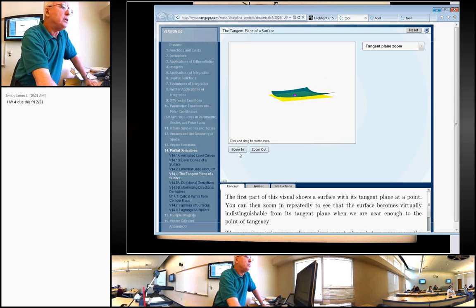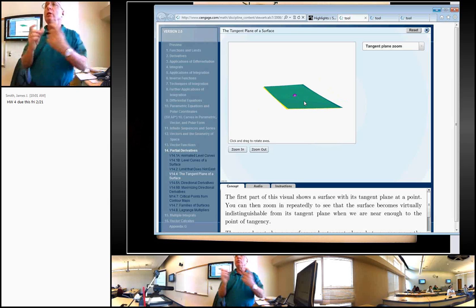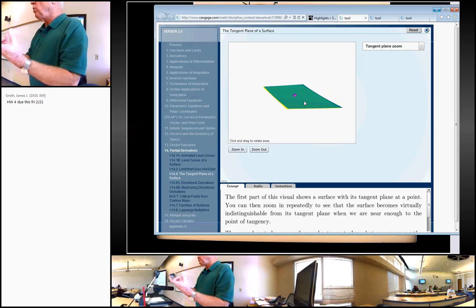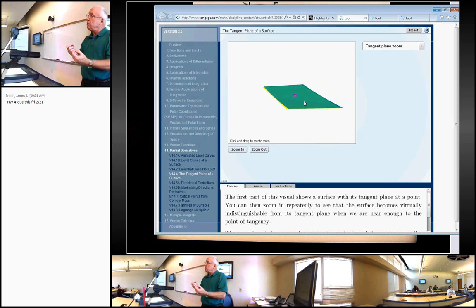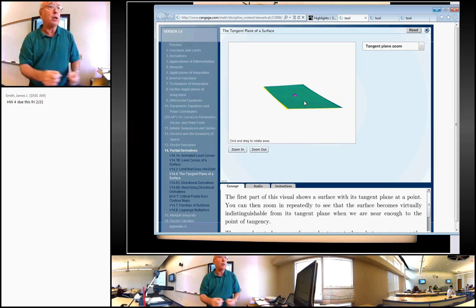And we can zoom in even closer, and here they're almost lying right on top of each other. And then if we zoom in again, where we're getting real close to the point, they're almost indistinguishable from each other. So when you're really close to that point, that plane is very, very close to the z values. It gives you the z values of the surface. Okay.